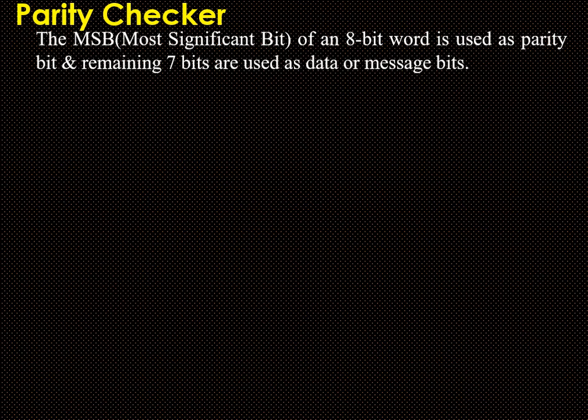That parity may be even or odd. Even means the number of ones in the given word, including the parity bit, is 2, 4, 6, that is, an even number of ones. If that is the case, we call it even parity. If there are 3, 5, 7 ones, that is odd parity. Let me show you the structure of the parity checker.